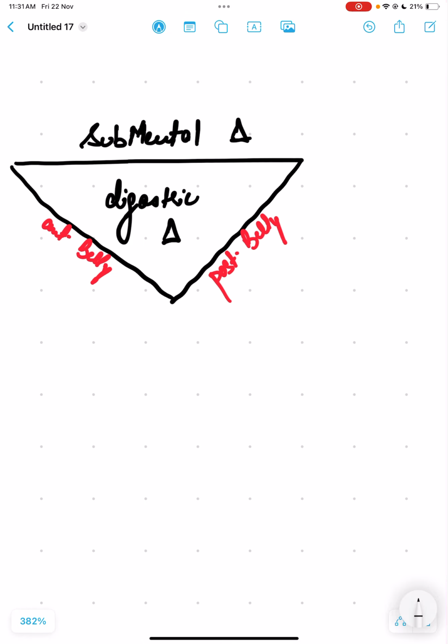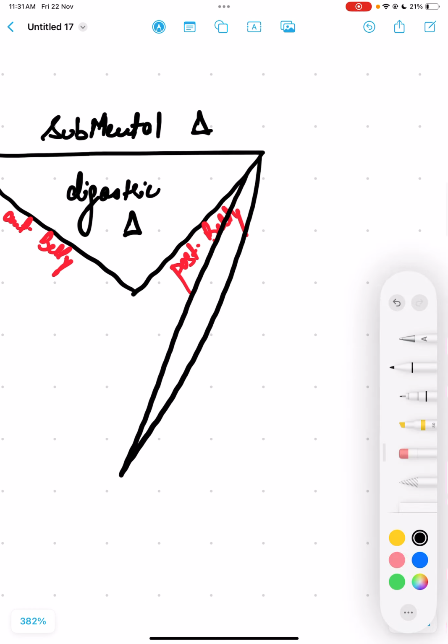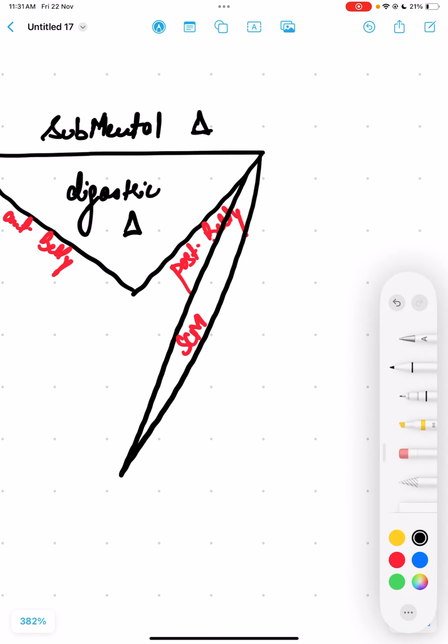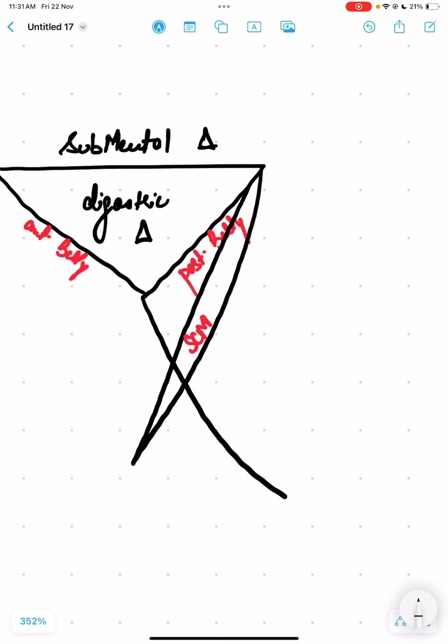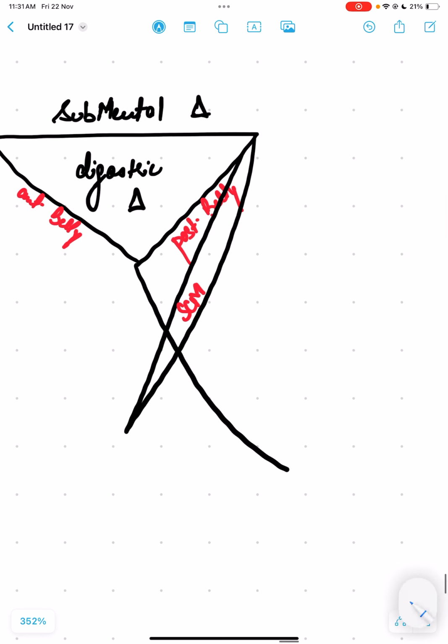Then downwards, this one is our sternocleidomastoid muscle. Then the structure running downwards, this one is our superior, and this one is the inferior belly of omohyoid muscle.